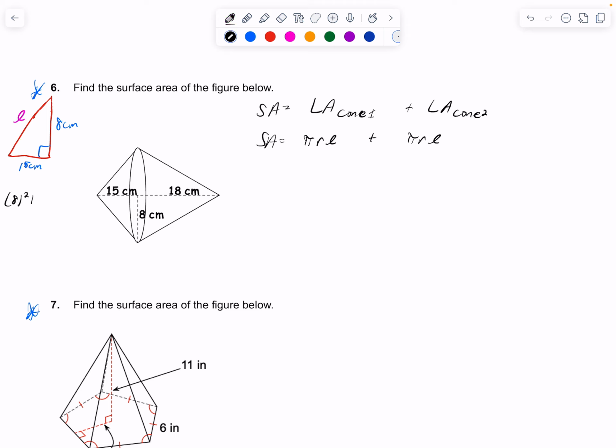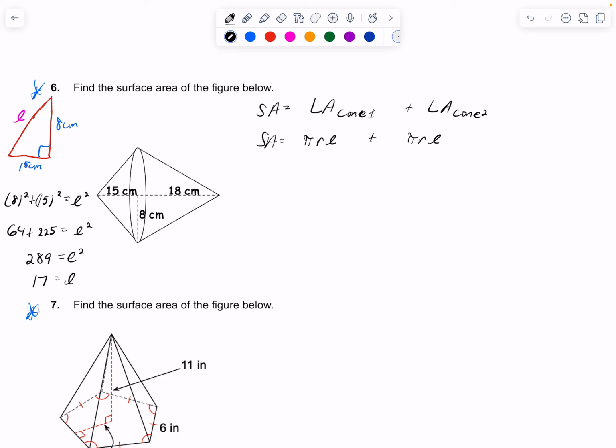So 8 squared plus 15 squared equals the slant height squared for this left cone. All right, so that's 64, that's 225. And then that's going to be, let's see, 289. So the slant height for this one on the left is the square root of 289, which I know is 17. Again, use the calculator if you don't know that one.